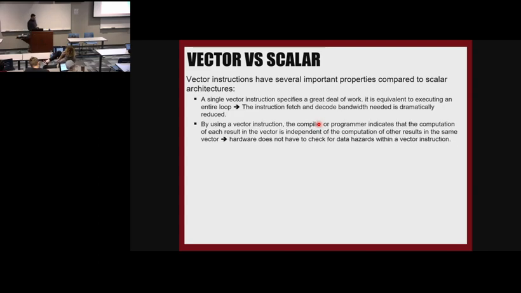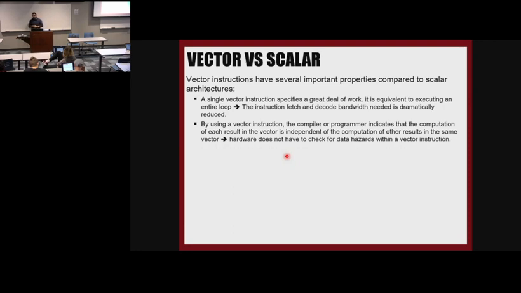The second benefit is that when we are using vector operations, we are already telling the system that the computations within the vector don't have dependencies. So when you multiply the first element with the second element in the vector multiplication, by just using the vector operation, you're already conveying that the next multiplication is independent of the previous one. They are two different vectors. This is the kind of information that we don't have in scalar processors.